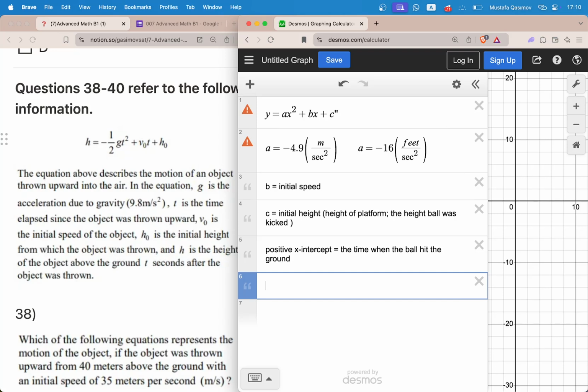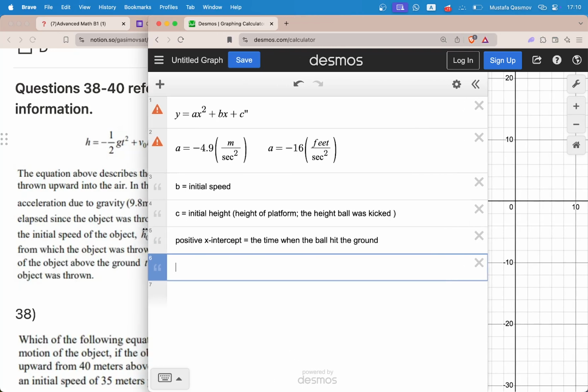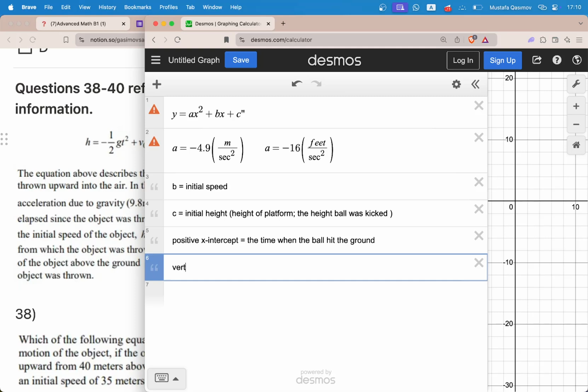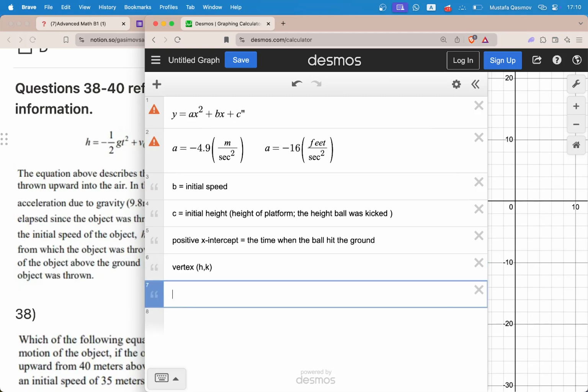And additionally, we have the vertex point. Let's say that it is (h, k). Here k is always the maximum height. It can be in feet, it can be in meters.